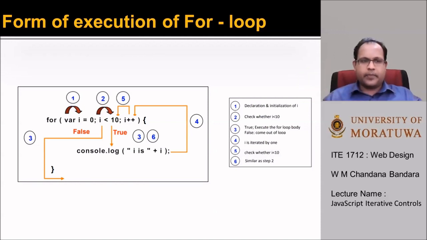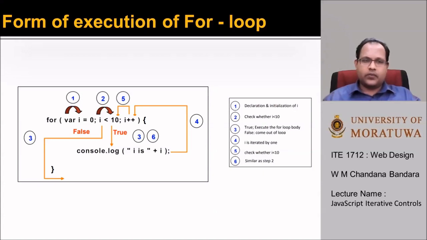Now here, in order for this to work, we need a variable that we want to keep track of the loop. The first step of this loop is declaration and initiation of I. So this is how a for loop will operate.